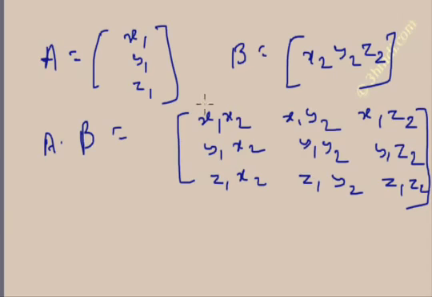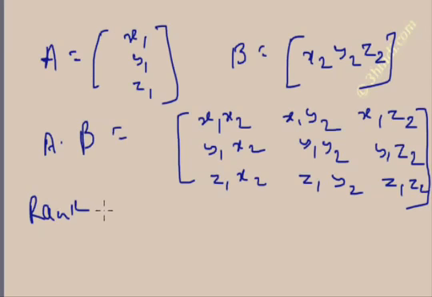If you compute the determinant, you will find that y1y2 multiplied by z1z2 minus the cross product becomes 0. Similarly, for any two columns you multiply, you get 0. So definitely the rank is not 3.